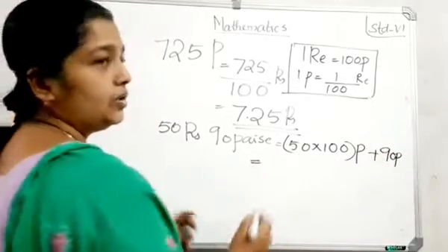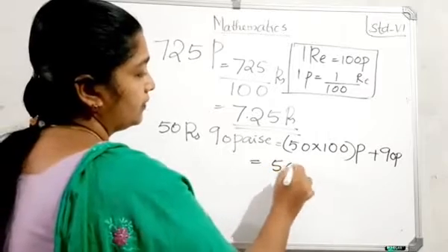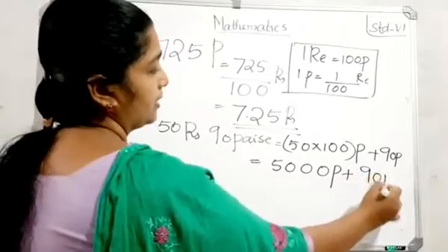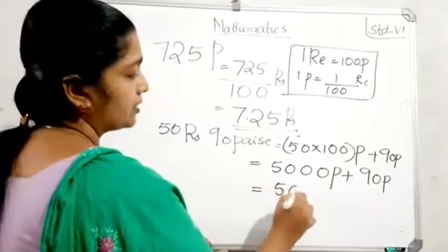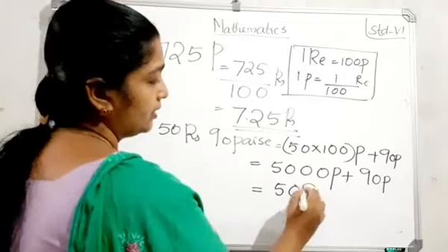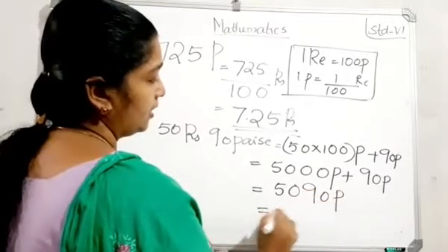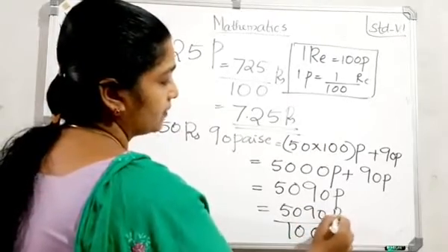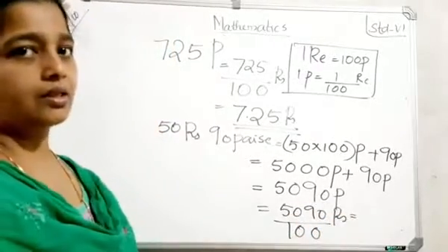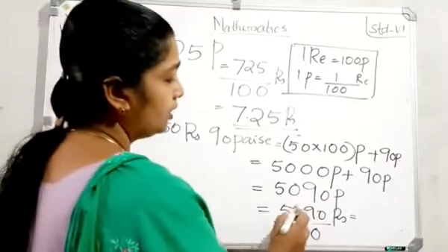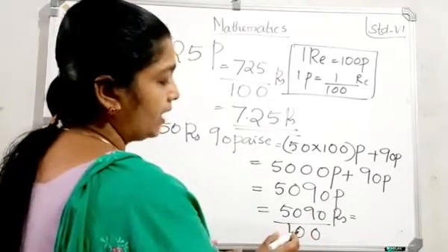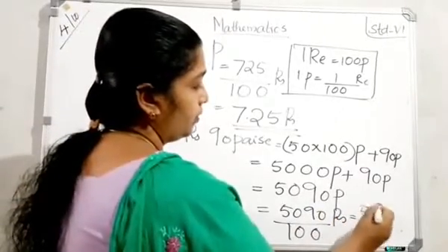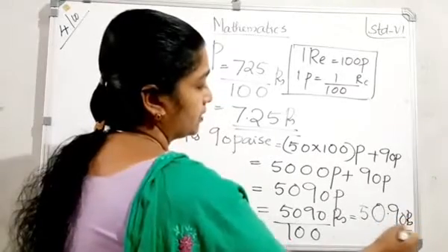That equals 5090 paise, that is 5090 by 100 rupees. Want to convert, the answer is 50.90 rupees.